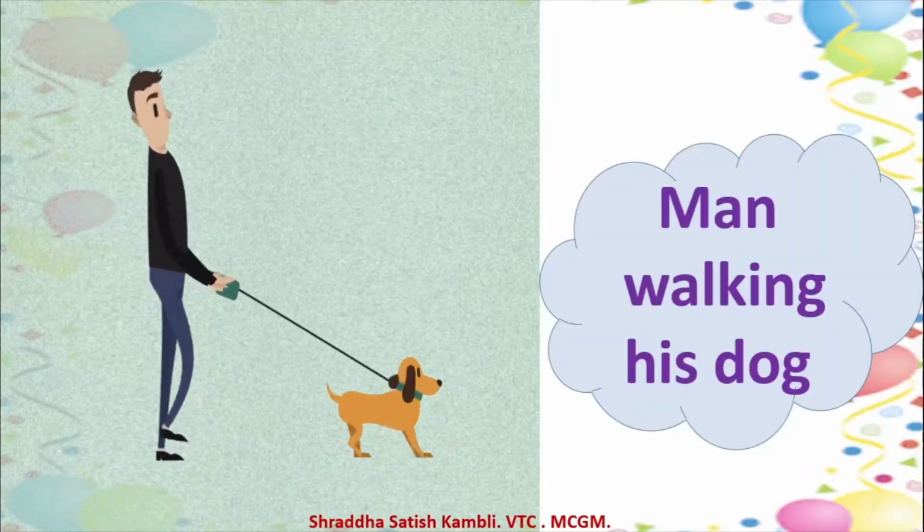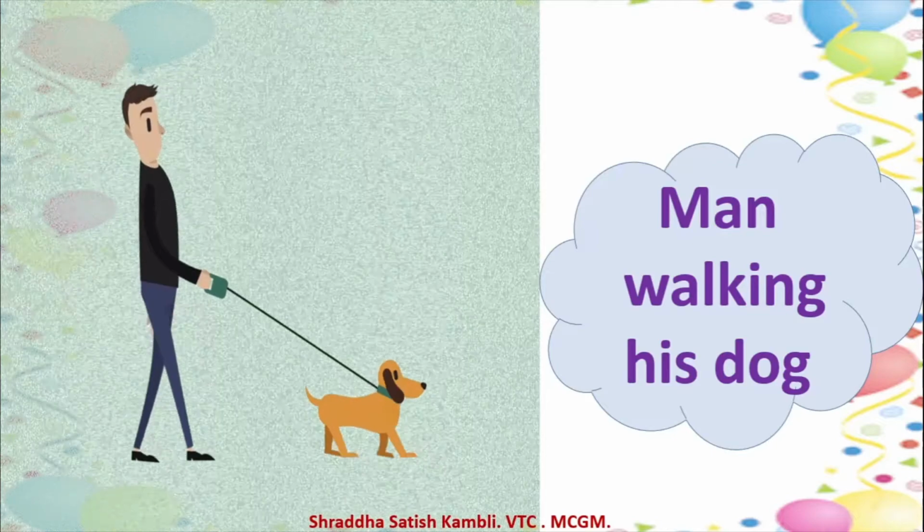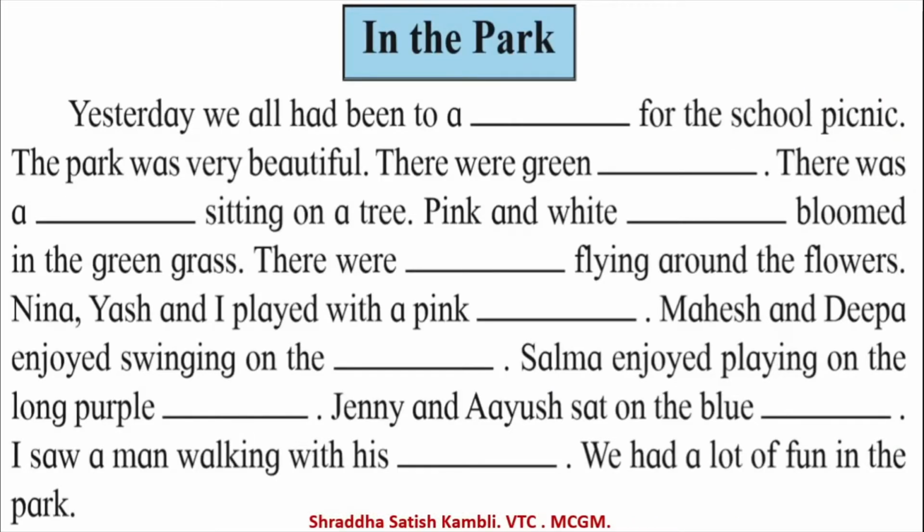Okay, so now you know what all things were there in the park. Now can we try to read this particular paragraph from the textbook? But there are so many things which are missing. So we will have to add the missing words. Alright, but we know now what all things are there in the park. So we can very well fill this blank. So I'll give you 2 minutes, children.